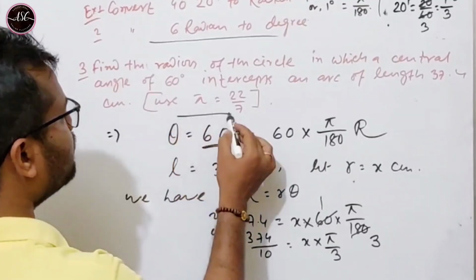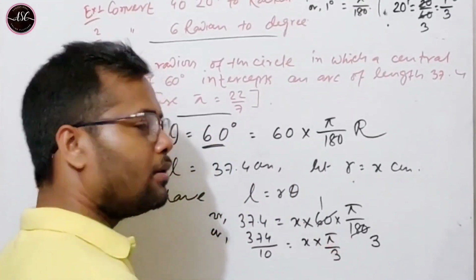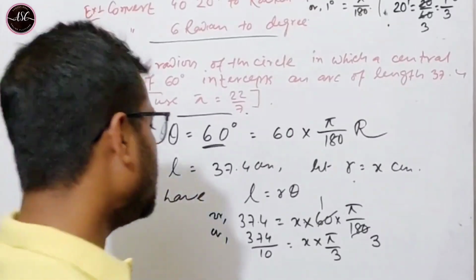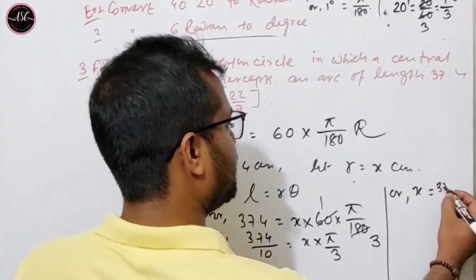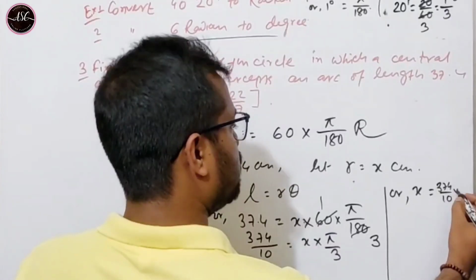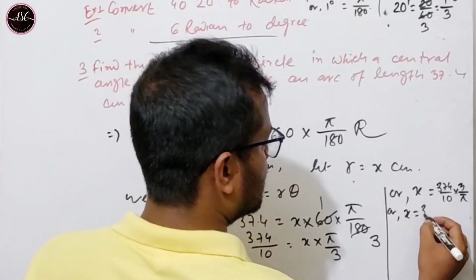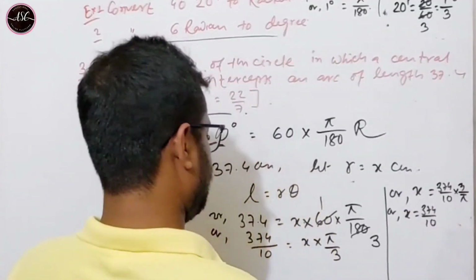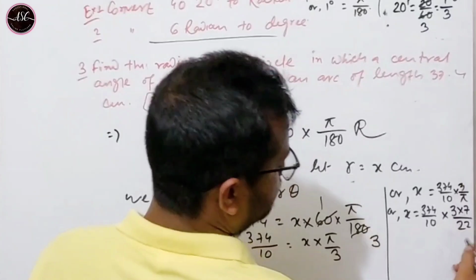Now here pi equal to 22 by 7. Replacing pi by 22 by 7, we get x equal to 374 by 10 into 3 by pi, or x equal to 374 by 10 into 3 into 7 by 22.